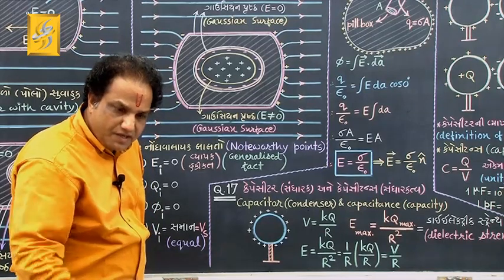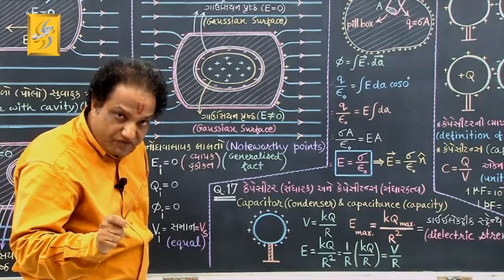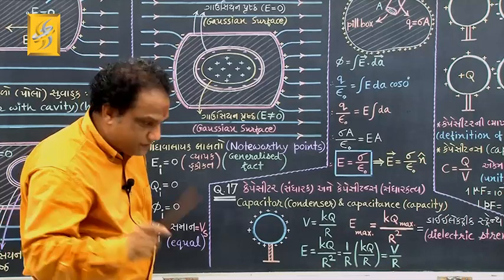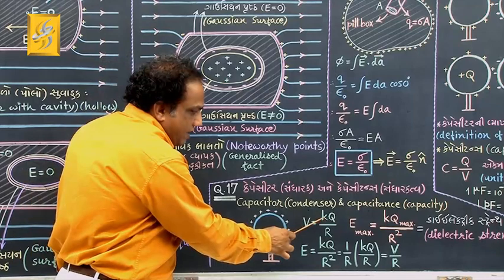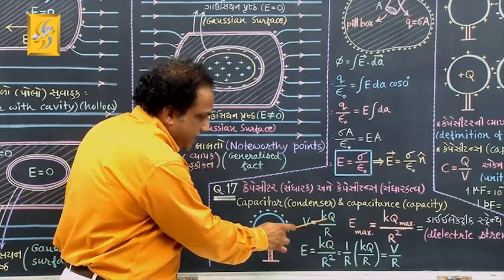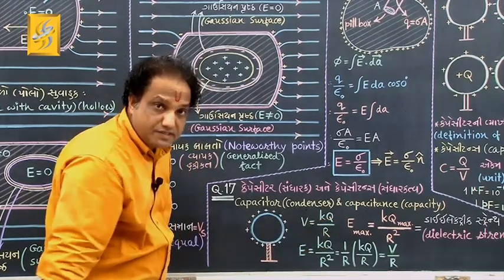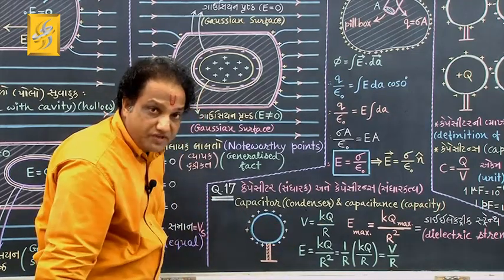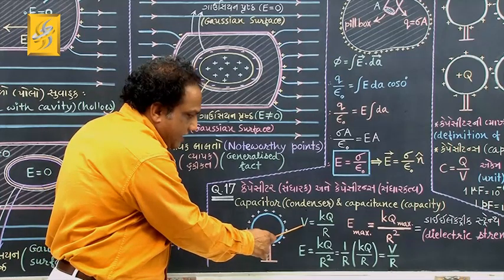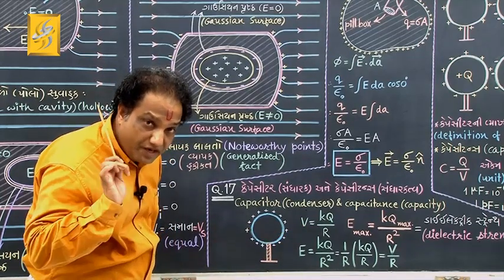Then naturally, the potential on the surface will go on increasing, because electric potential on the surface is K into Q upon R, that is K into charge upon radius. Correct? Naturally, when the amount of charge on the surface increases, the value of electric potential on the surface will increase.